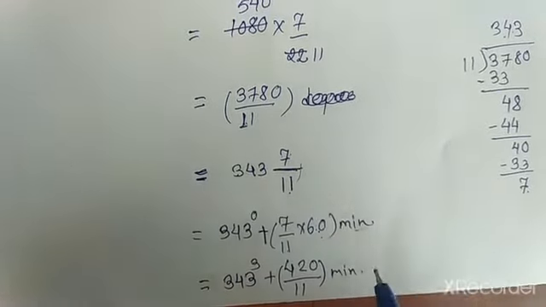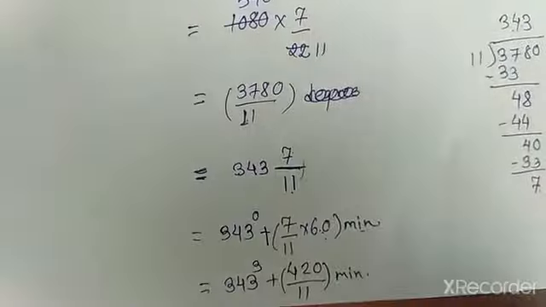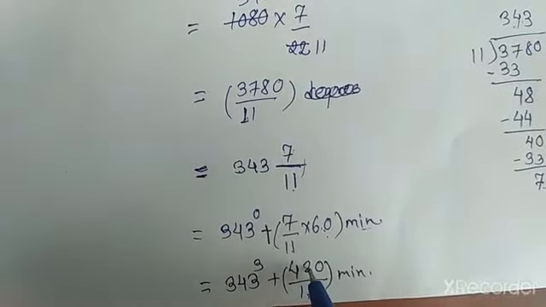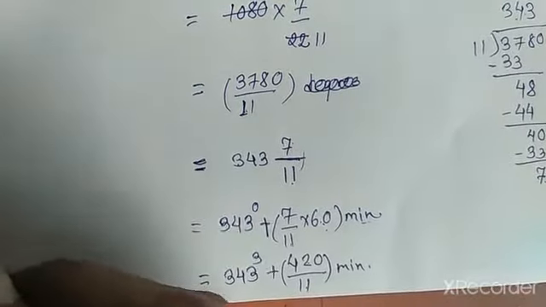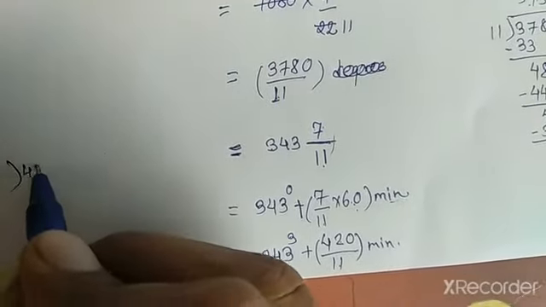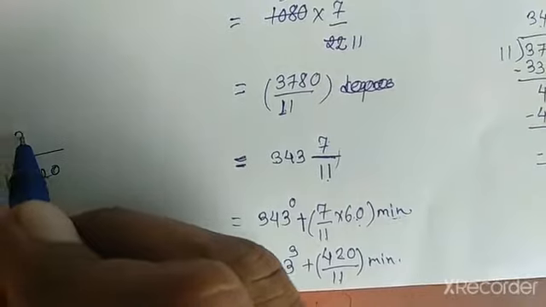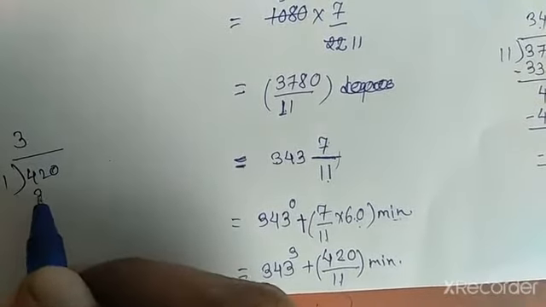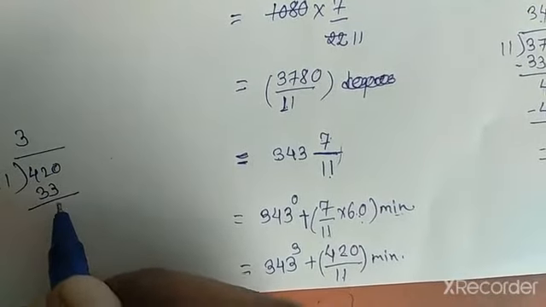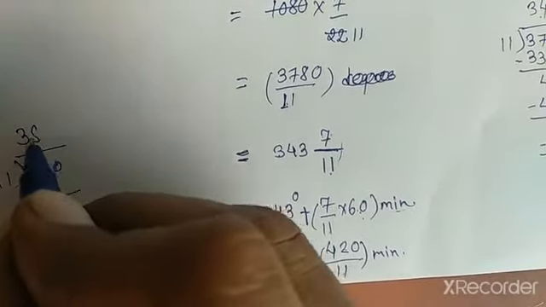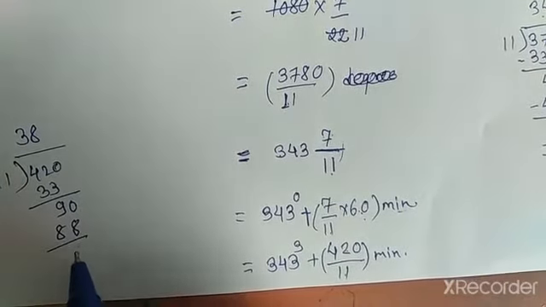Again you may take the same procedure for conversion of minutes. If you divide 420 by 11, 3 3s are 33, so here it will remain 90, 8 3s... 8 11s are 88, so it remains 2.